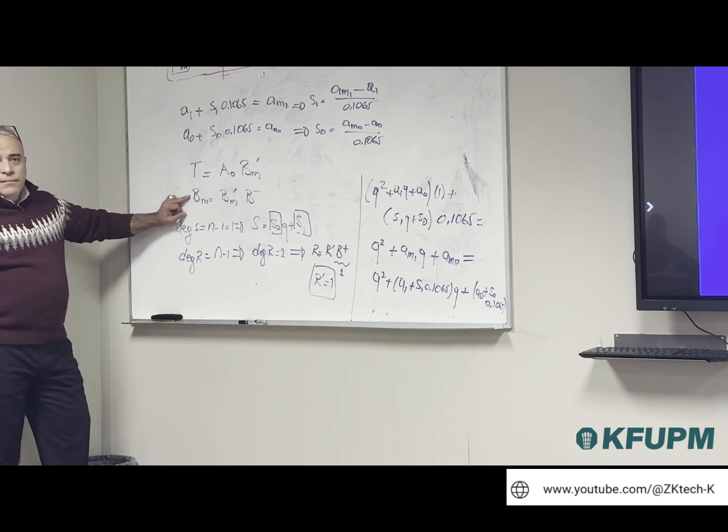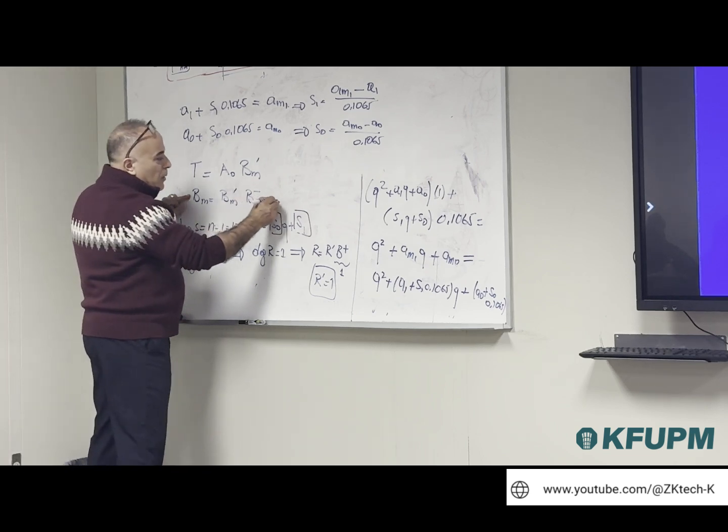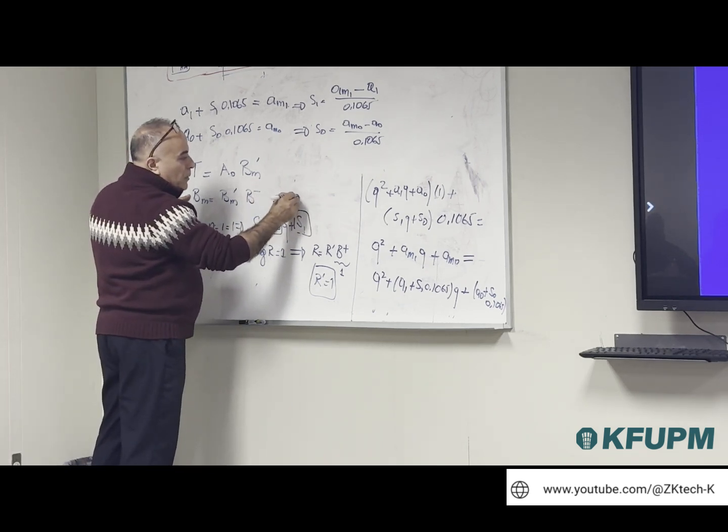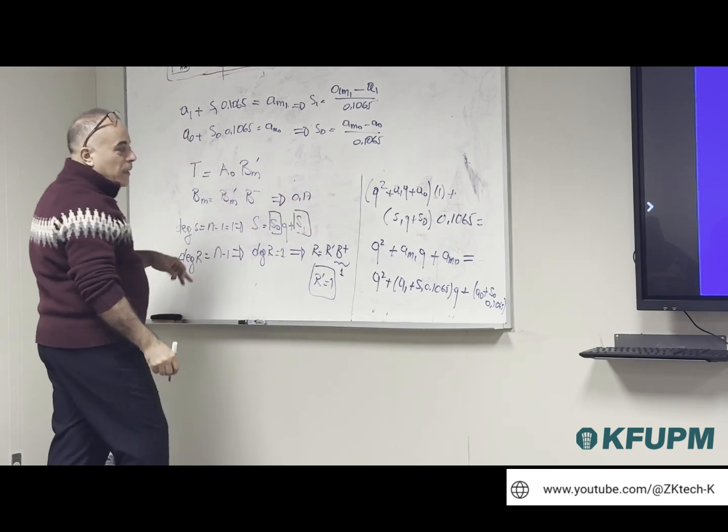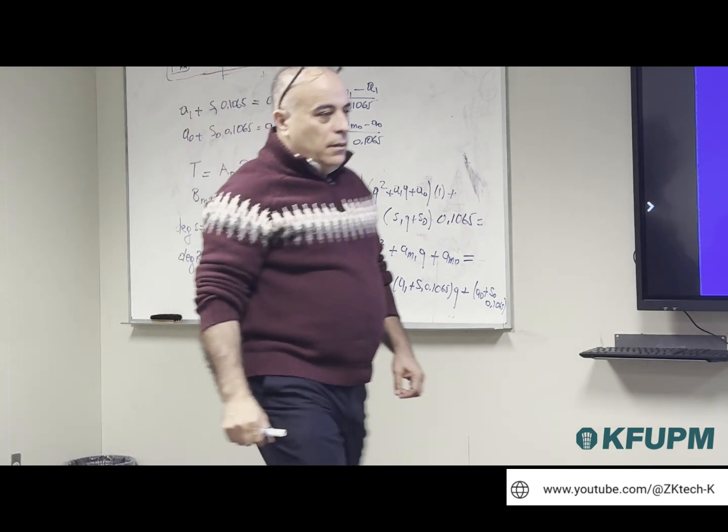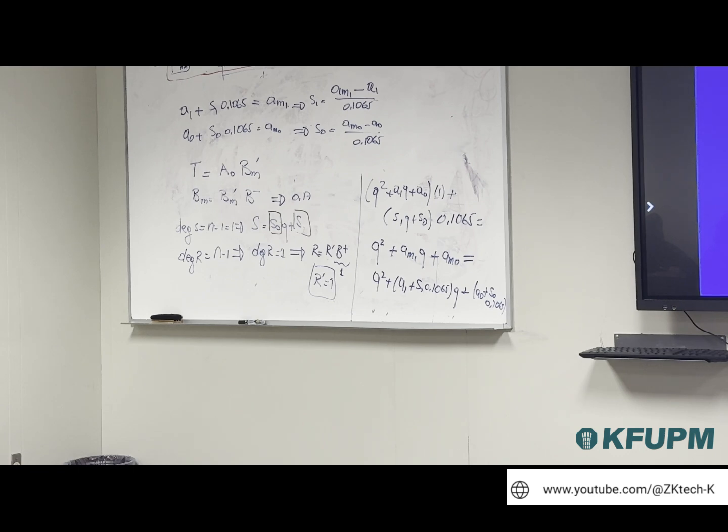Do we know Bm? Yes. So Bm is equal to 0.17 something multiplied by Q. So Bm is given here.